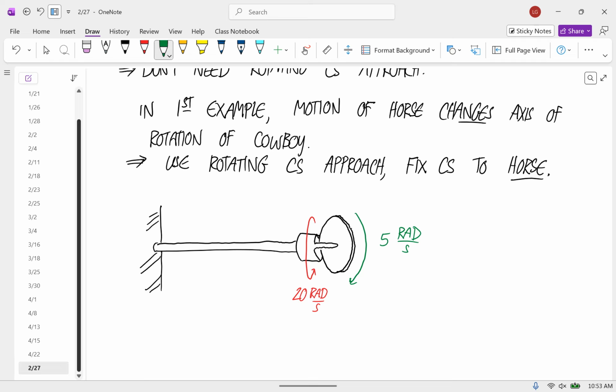And then our coordinate system. So let's fix our coordinate system. Let's put it right here at the center of the disk. And it doesn't matter what directions we choose for the axes. I'll go X this way, Y this way, and Z this way.